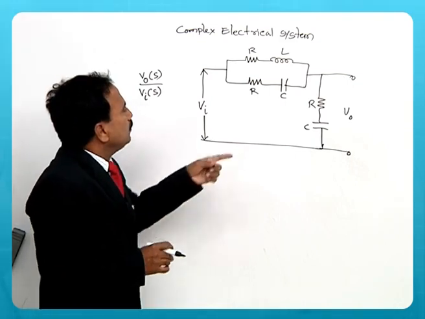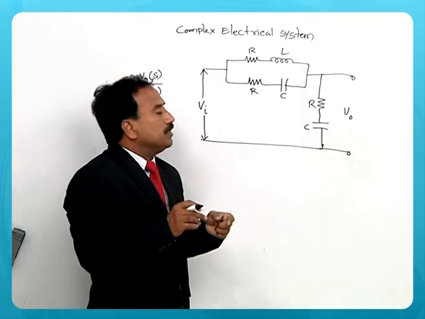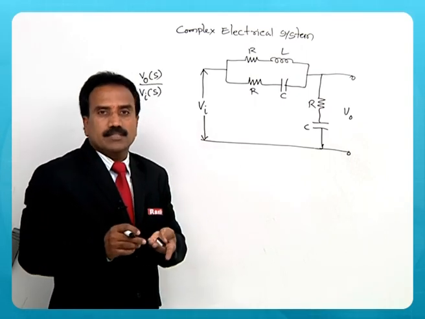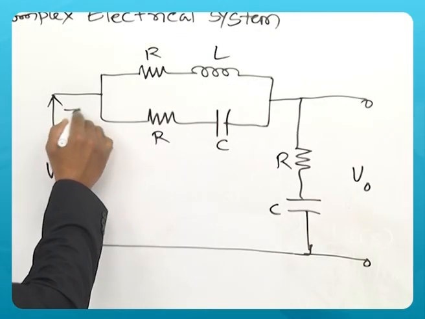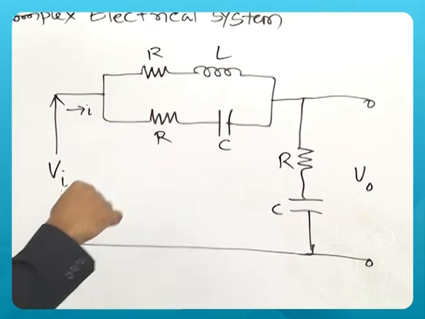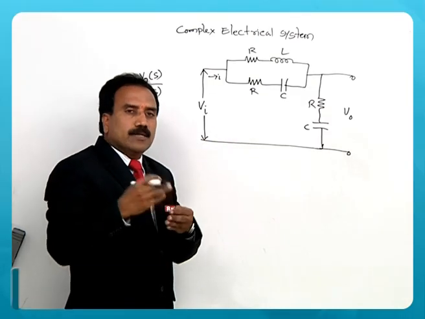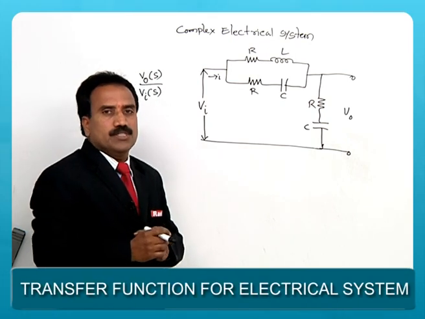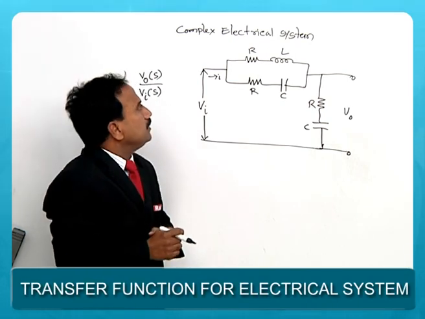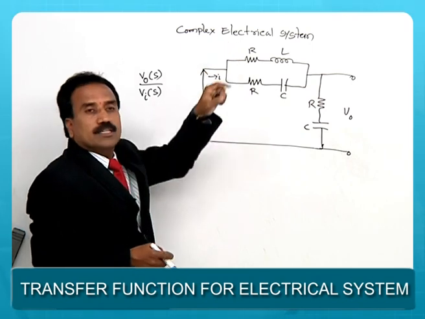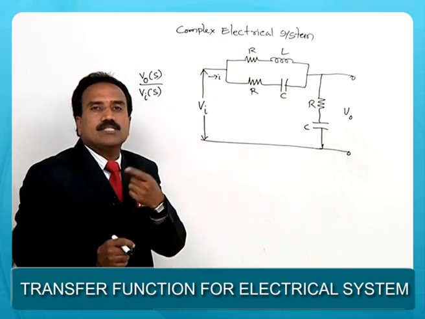As you know, L and C are given, so it is very difficult to simplify directly. You may have to consider I, then branch currents, and then add the currents, which is a little complex procedure. But you have an advantage in solving a complex electrical system when you apply Laplace transformation.